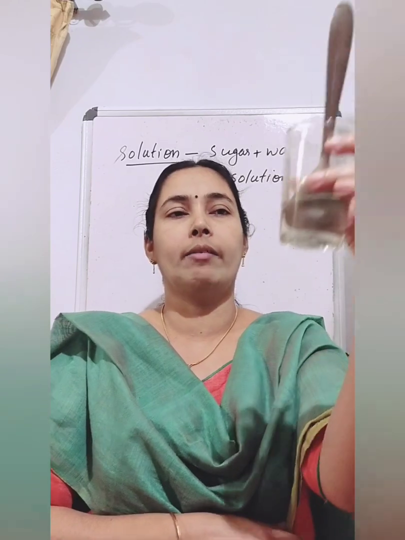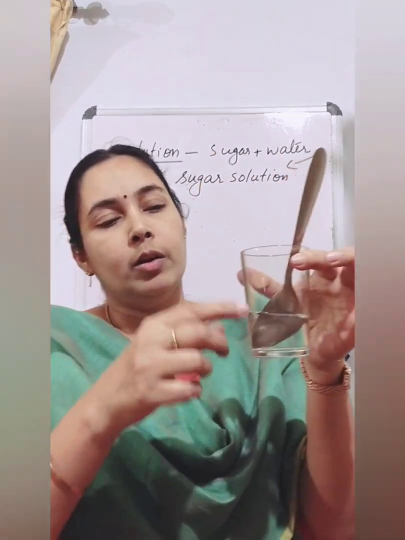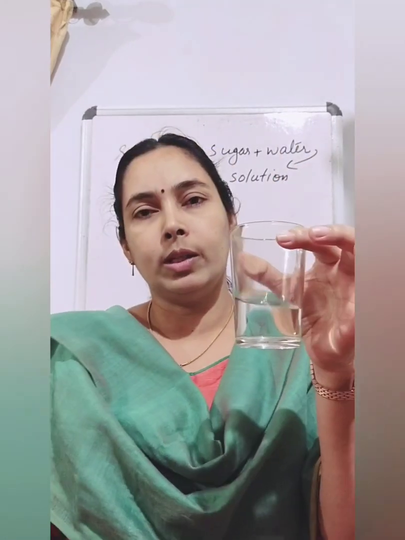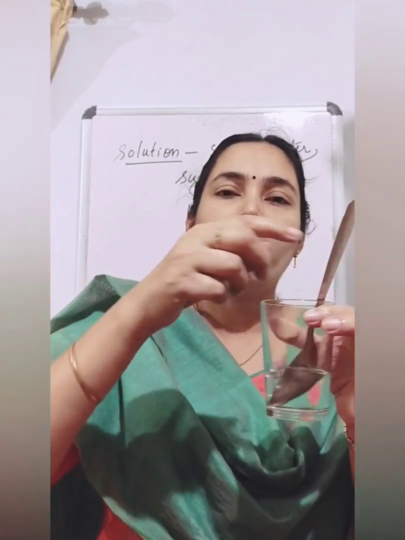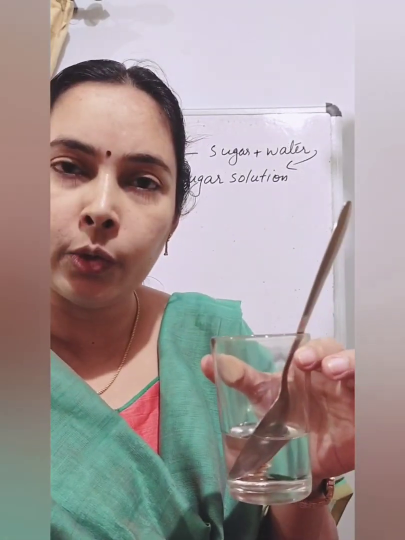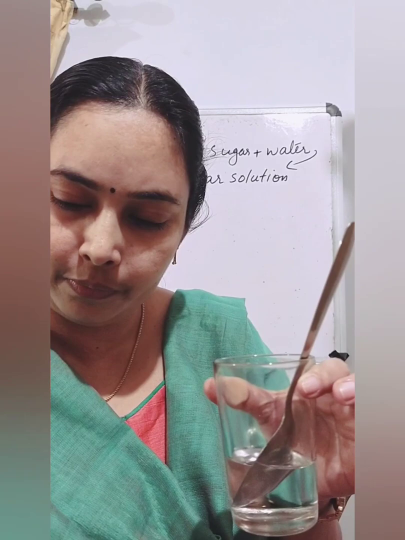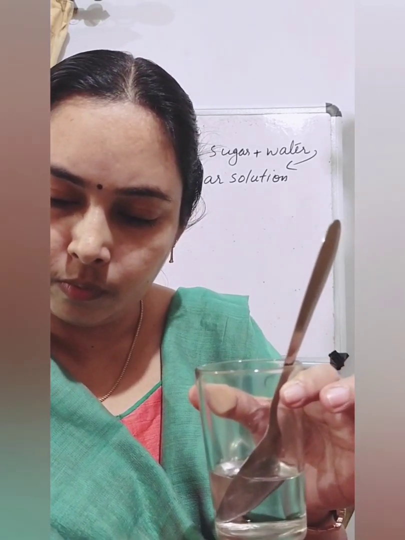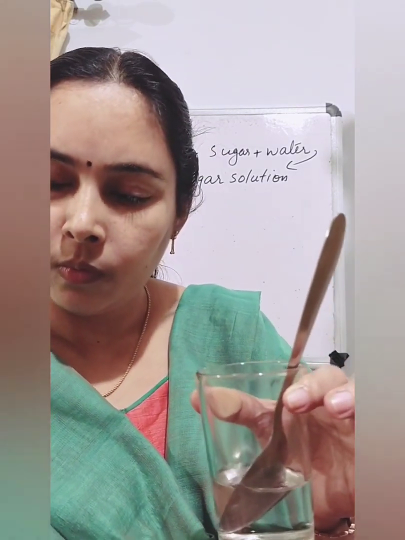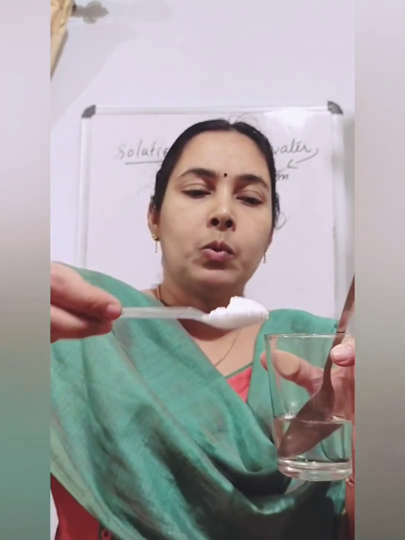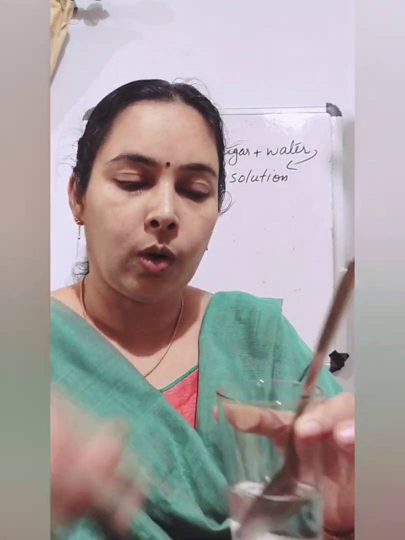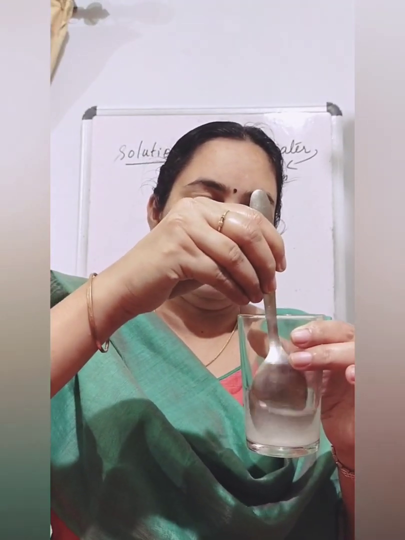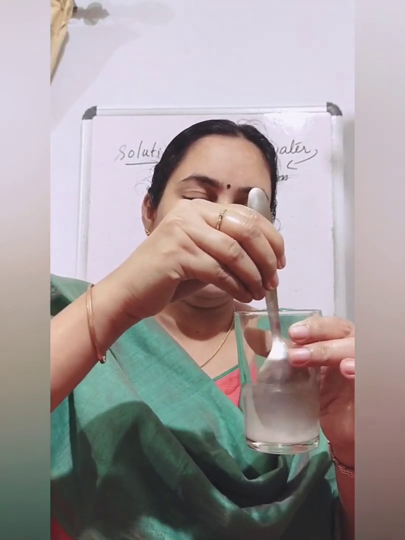So I have a glass and water is added to this glass. Now I am going to add some salt into this glass. So I am adding 1 spoon of salt into this glass. What happened to the salt? I am stirring it.